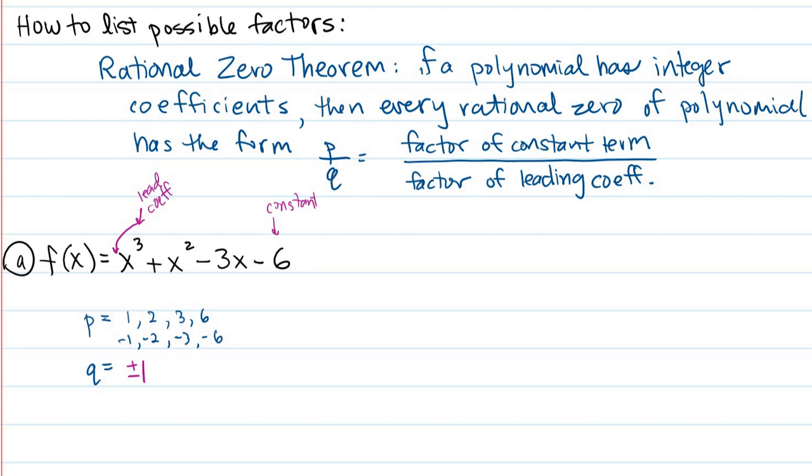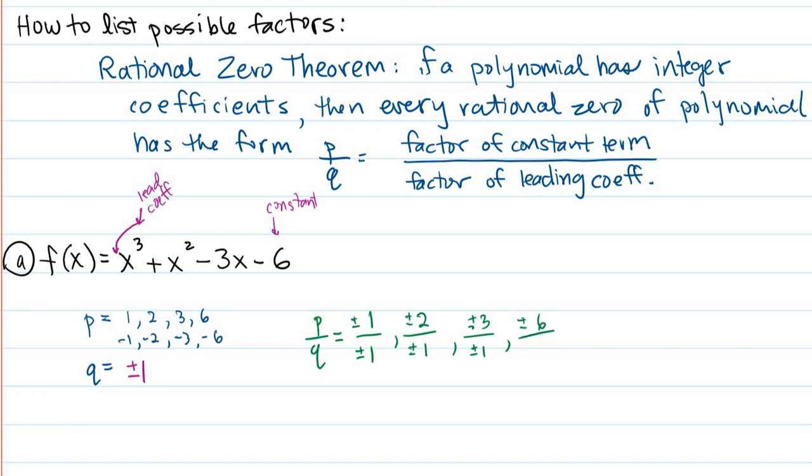All right, then we're going to make this fraction, P divided by Q. All of the possible options are going to be the values of P divided by the values of Q. So the value of P was plus or minus 1, the value of Q is plus or minus 1. The value of P was plus or minus 2, the value of Q was plus or minus 1. The value of P is plus or minus 3, the value of Q was plus or minus 1.